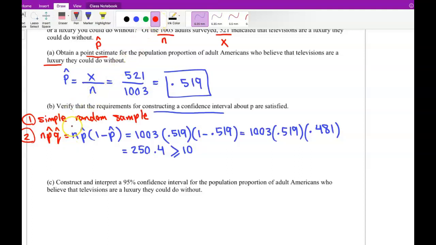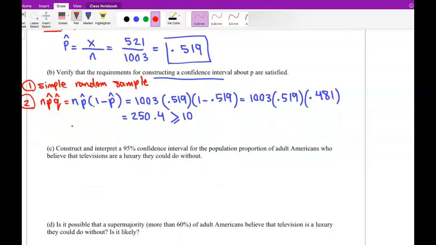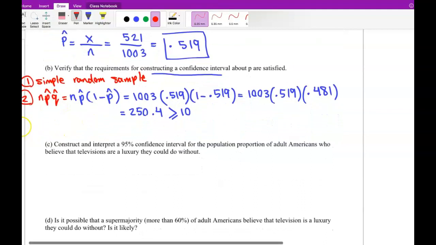Now the third one, we should have independent trials. How do we know whether we have independent trials or not? If our sample size was less than or equal to 5% of the population size, then that means this is independent.